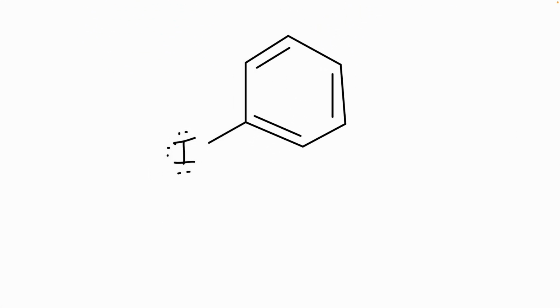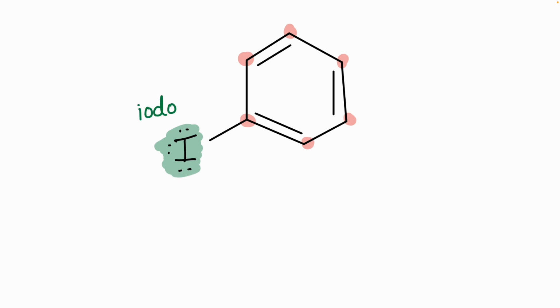Alright, so the benzene ring itself is my parent chain, which means that this thing here is a substituent. What do we call iodine substituents? So this is an iodo group here. It wouldn't matter where around this ring I stuck that iodo group, we would always call that carbon 1.